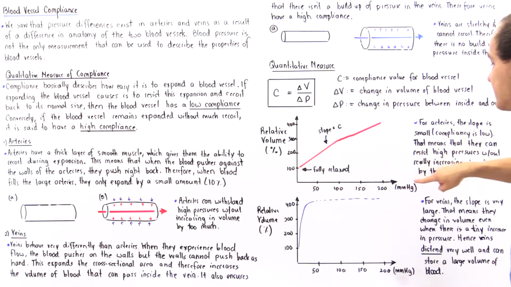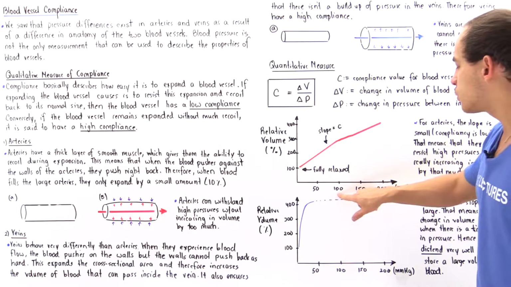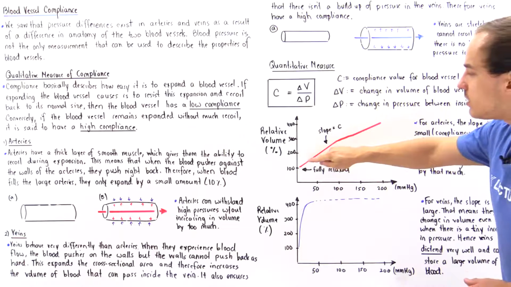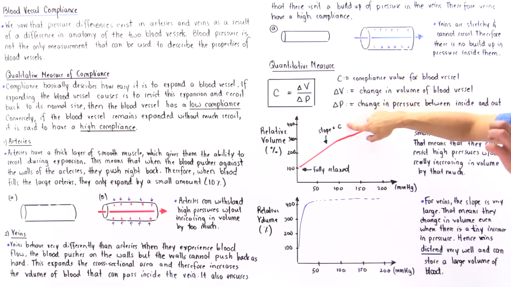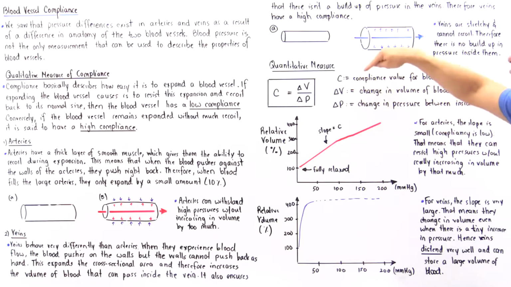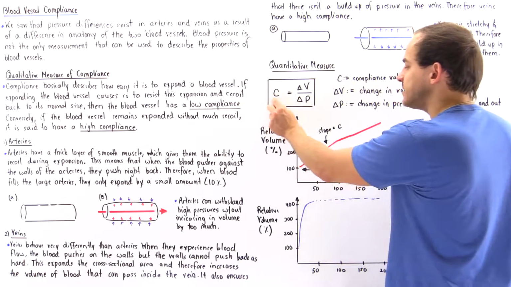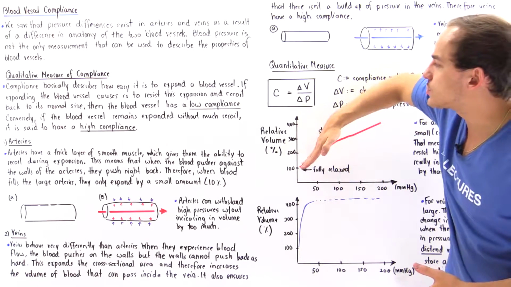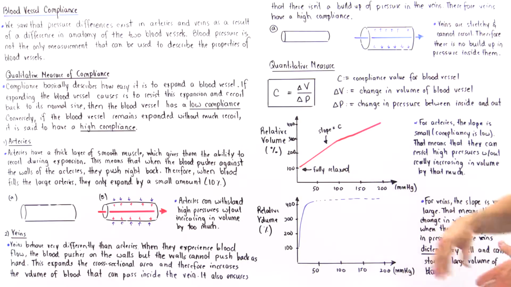So our x-axis describes the pressure in millimeters of mercury. So we have 50, 100, 150, 200, and so forth. Now, the slope of this line designates our value for our C, which is the compliance. So if we bring this over to this side, the C will basically describe our compliance. And the higher the slope is, the greater the value of C compliance is.